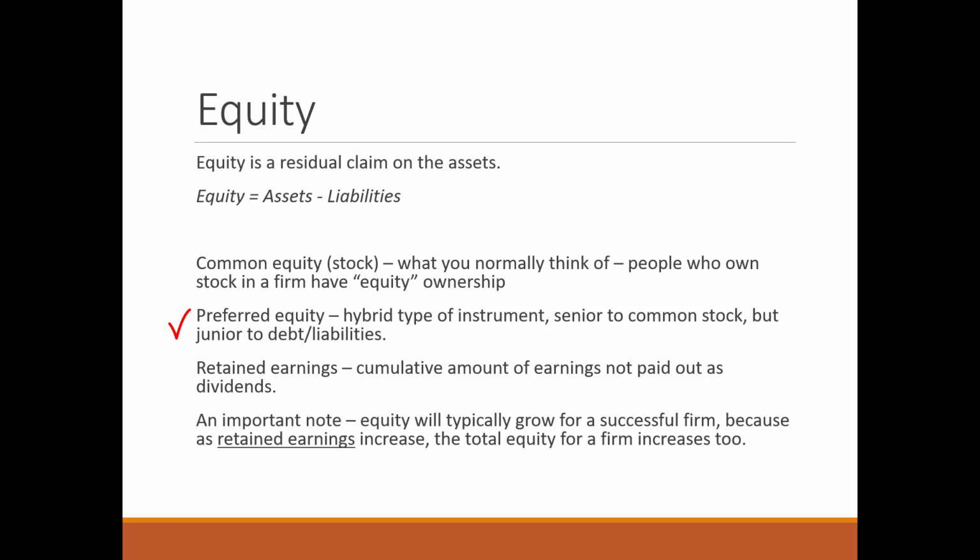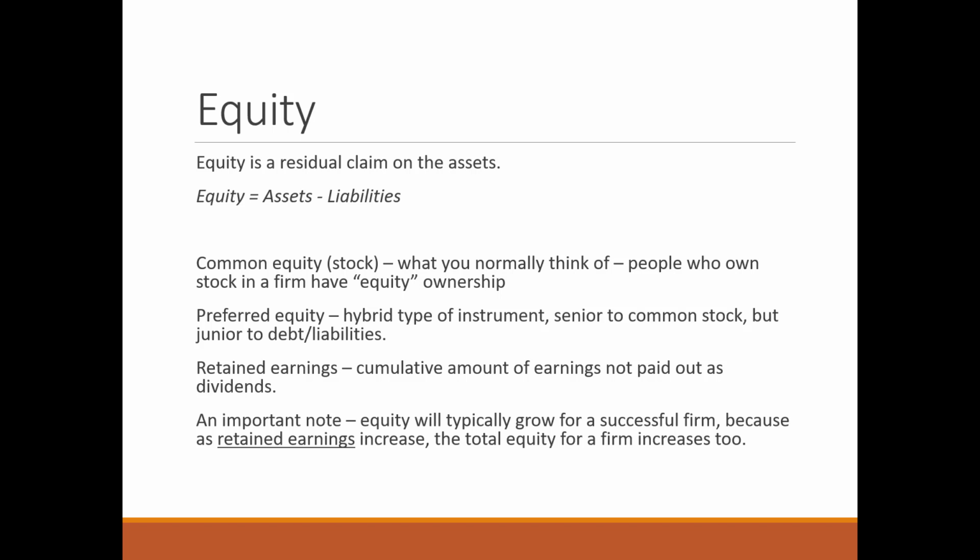It's senior to common stock in the sense that it has to be paid first. The dividends that go to preferred shareholders have to be paid before common stockholders receive their dividends. But preferred equity is junior to debt or other liabilities. That means you have to pay off all your debts first before preferred equity holders can be repaid.